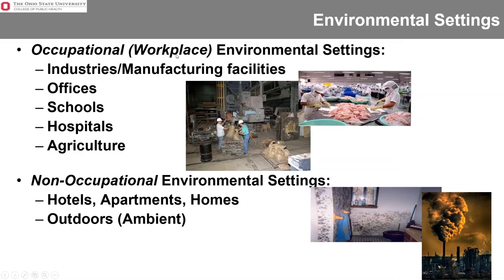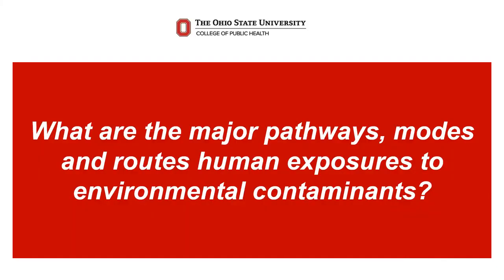There are workplace settings, so industries and manufacturing facilities, offices, schools, hospitals, agricultural settings, just as a few examples, and non-occupational, such as our homes, our dwellings, apartments, and so forth. But it also includes the outdoor environment as well. So the ambient environment is certainly part of the discussion.